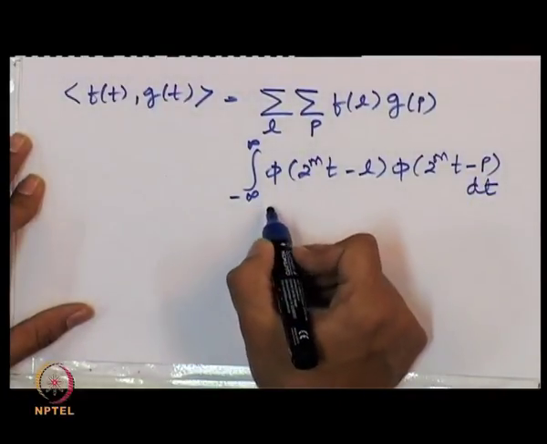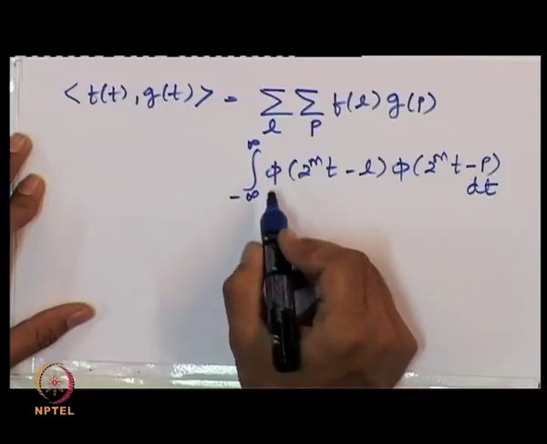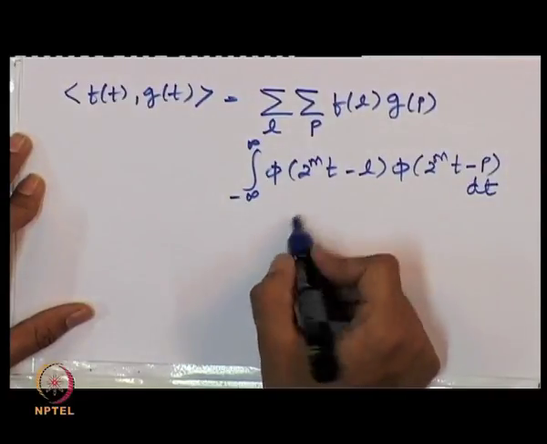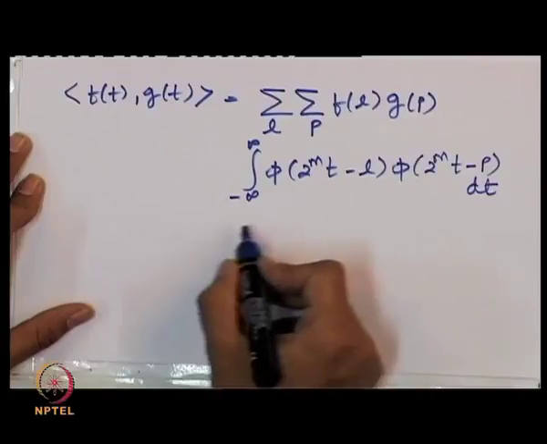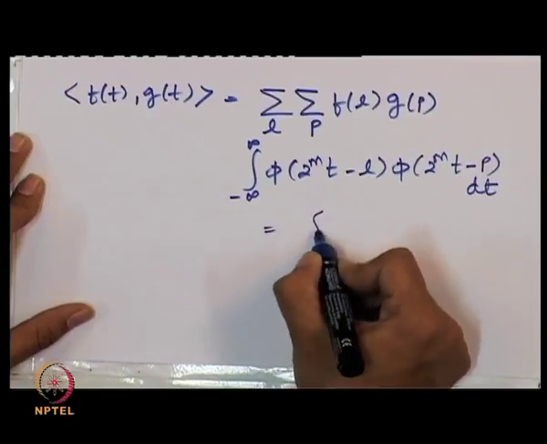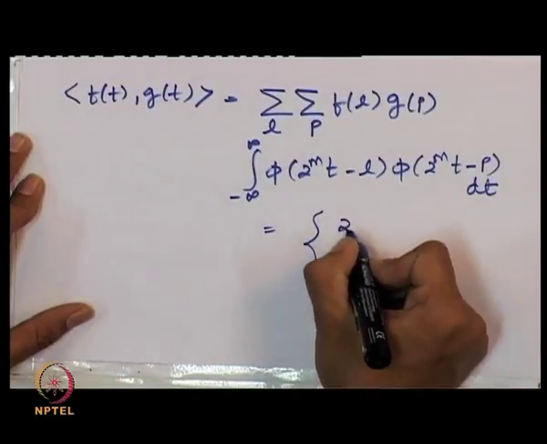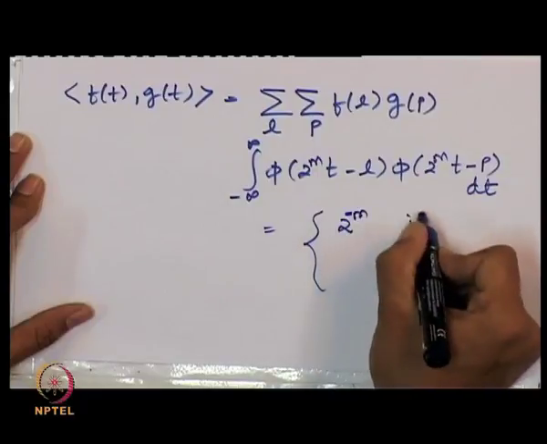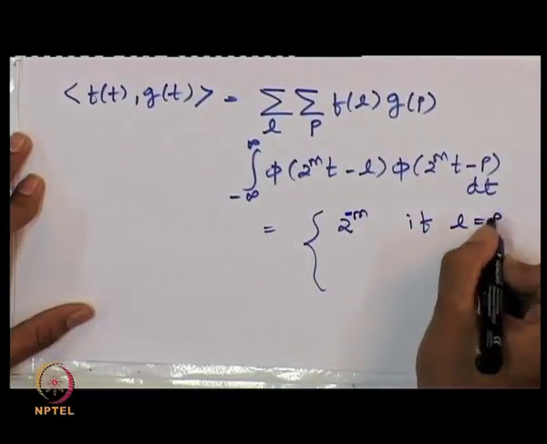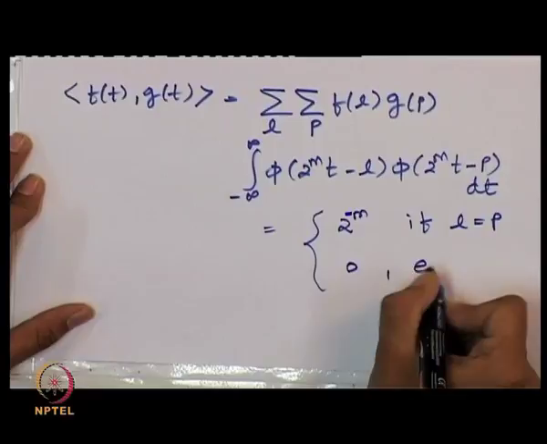We know that phi is an orthonormal basis for Vm, and this integral is equal to 2 raised to minus m if and only if L is equal to P, 0 else.